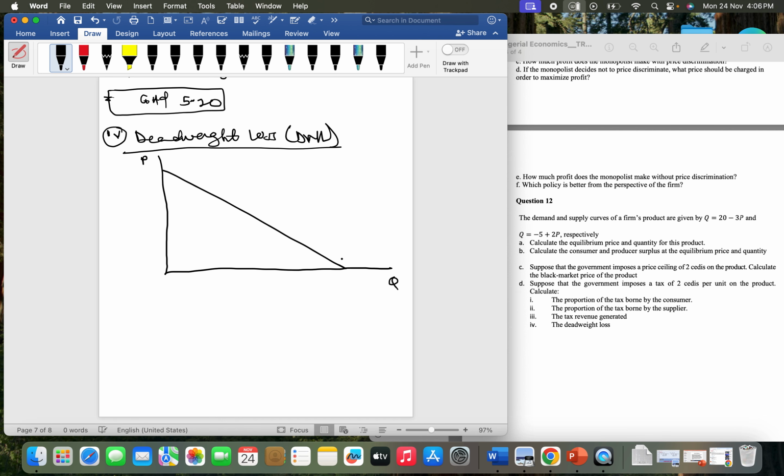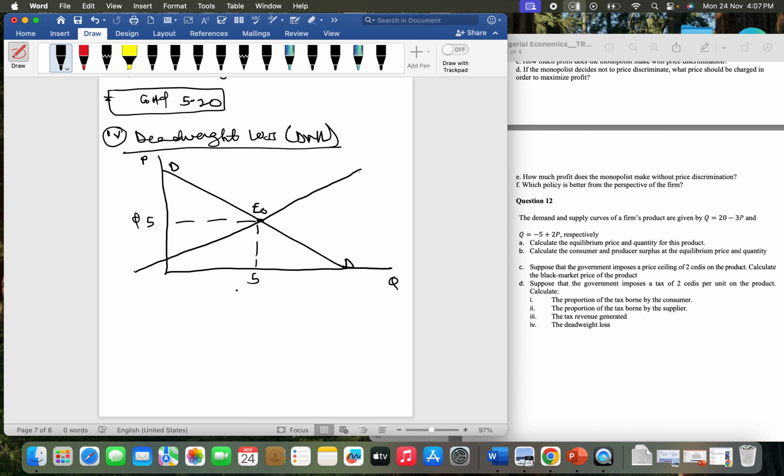This is demand and this one is supply. Where they are meeting is my equilibrium point. This is my equilibrium quantity, the initial quantity. In the question, quantity was 5 and price was also 5. You can cross check it.